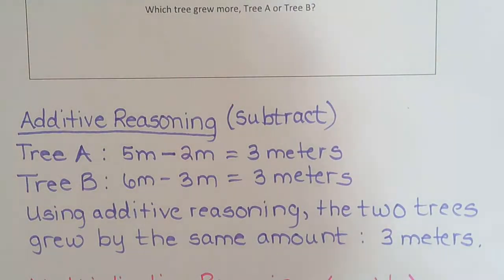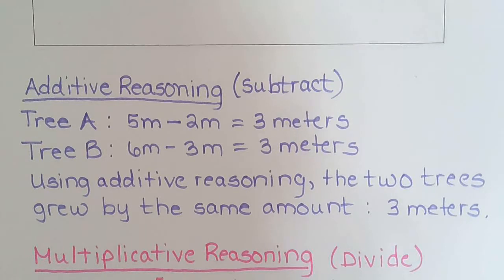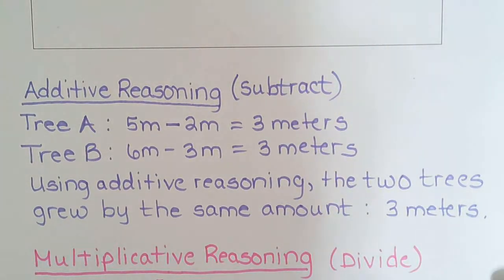But like I said, during this module I want to open you up and make you think about other ways of comparing. Another way of comparing two things is what we call multiplicative reasoning. When you say he's 2 times older than me, or she has 3 times more money than I do, that is multiplicative reasoning.